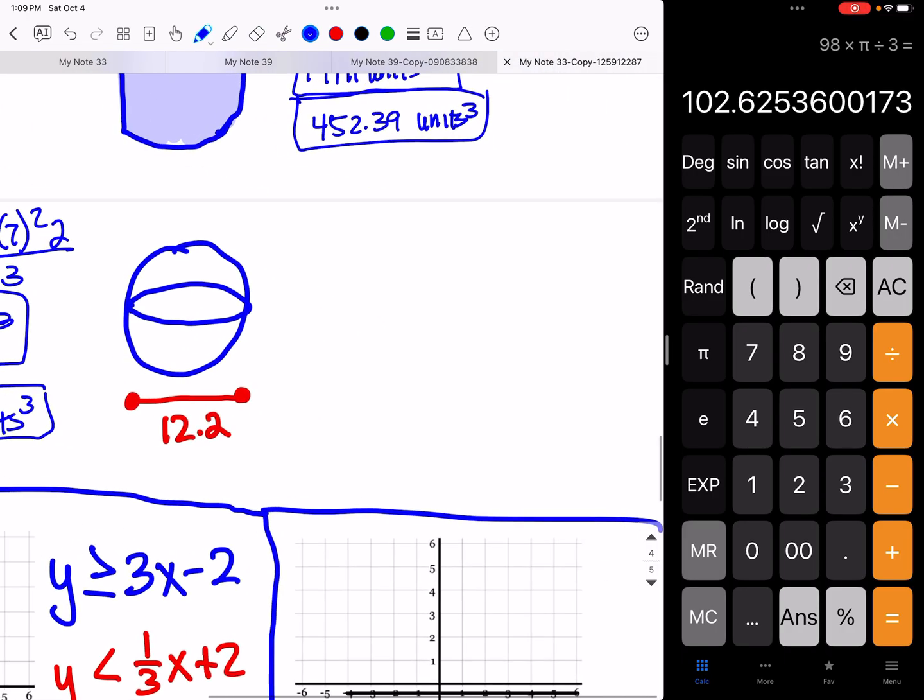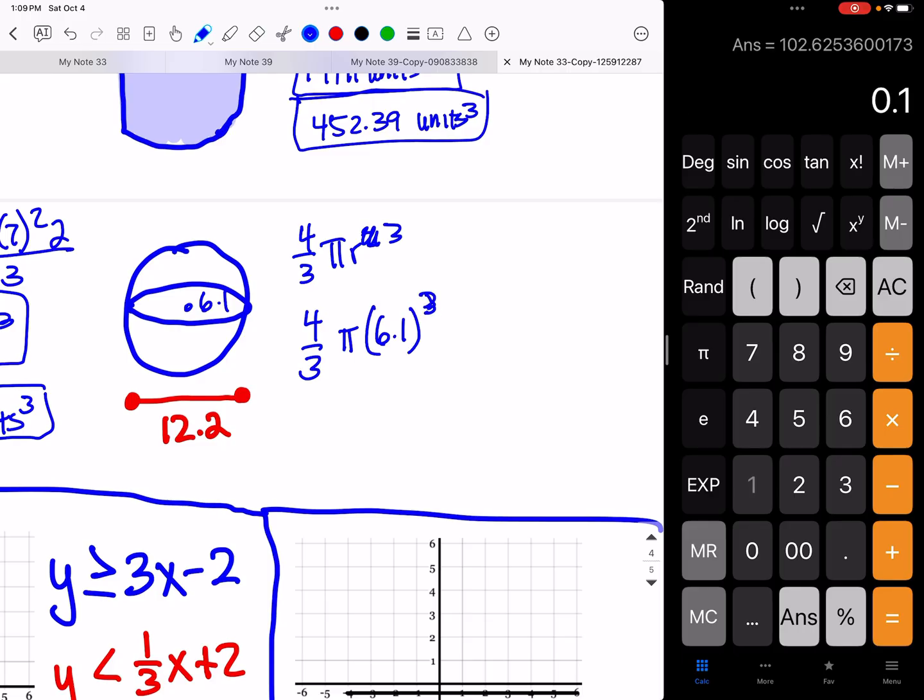All right, over here, 12.2 means that it's 6.1. So this is a pirate square that we make 3D, and that stupid fraction 4 thirds. So this is 4 thirds times pi times 6.1 three times.